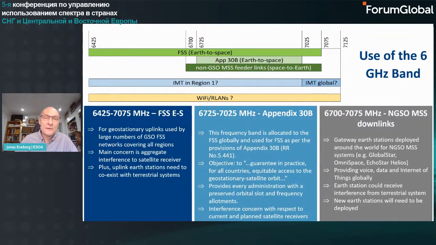Obviously, the concern we have with IMT or Wi-Fi introduction in this band is the potential, in particular in the uplink, for high levels of aggregate interference into those satellites. And for the downlinks, it's a more local issue, but there are interference issues as well in that scenario. So we can go to the next slide, please.